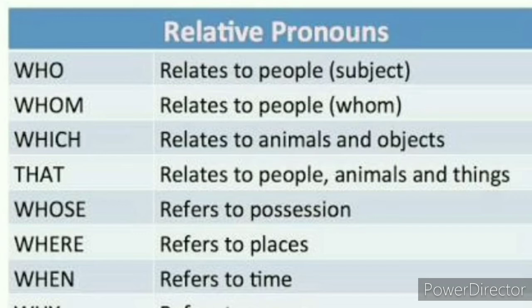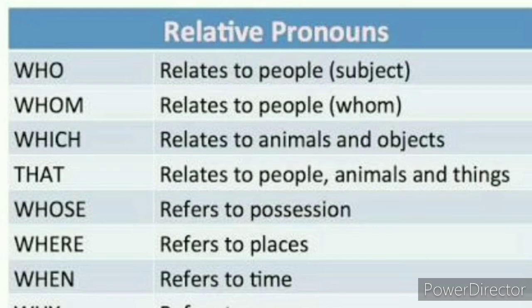Then whom, quite the opposite: an object relative pronoun. Whenever you use who, the sentence has a subject relative pronoun. Whenever you find whom as a relative pronoun, the sentence has an object relative pronoun. So what is the difference between the object and subject relative pronoun?